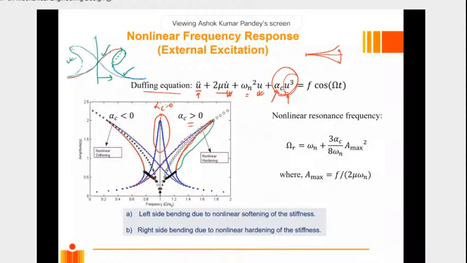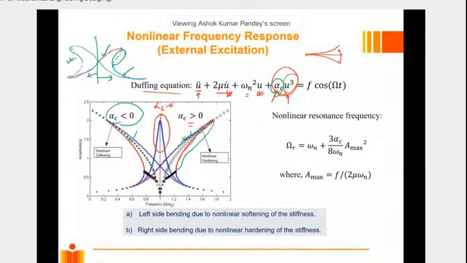So here the frequency is reducing. Based on the sign of this alpha s, you will be getting either softening or hardening. And in most structural problems, you are going to have only this response, which is dominant.